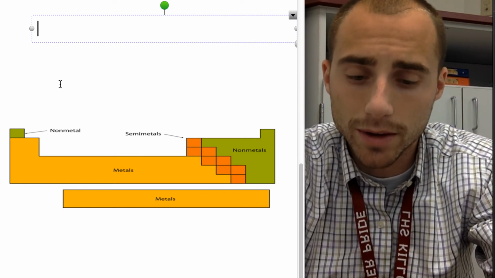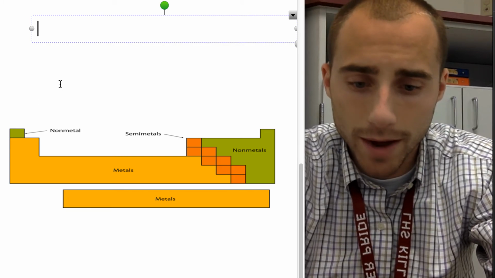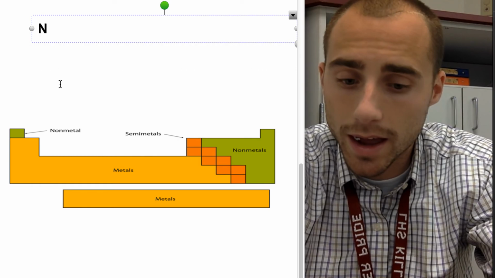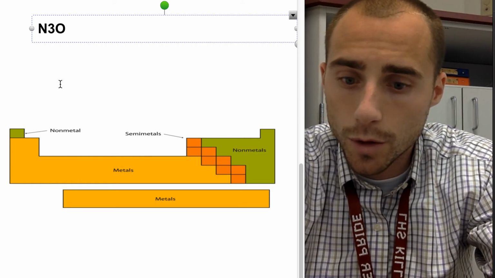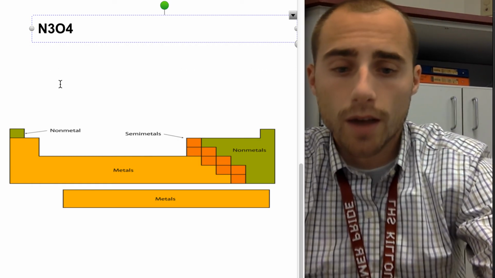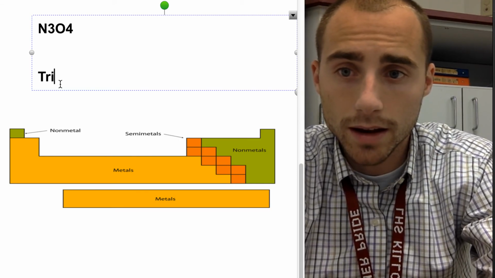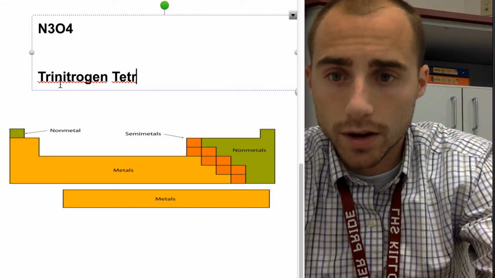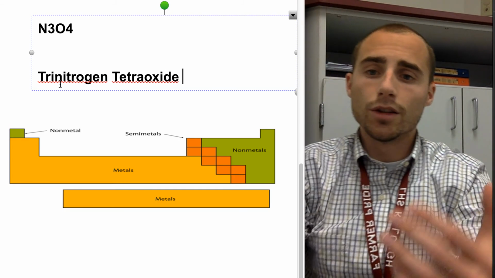So if I was going to do it, I would get up, pretend this is a whiteboard, and I would write like the bonding of two nonmetals together, so I could write like N3O4. That would be an example. I could also write trinitrogen tetraoxide. So I could write either version of that.